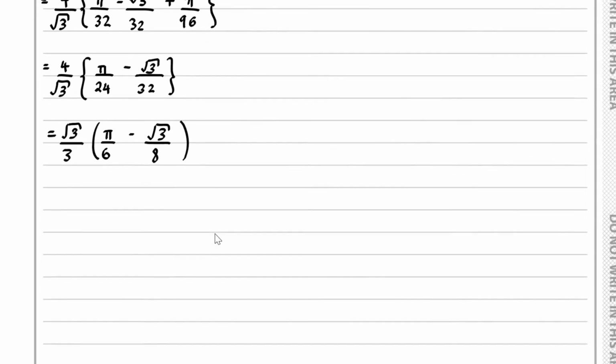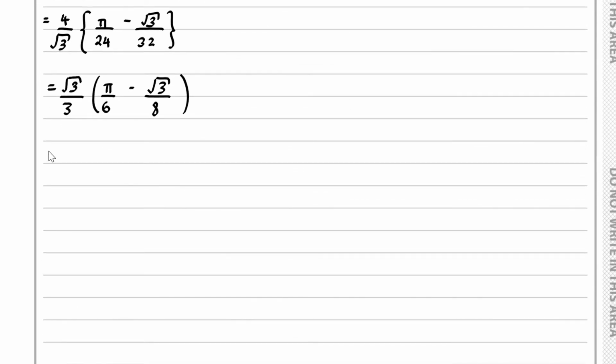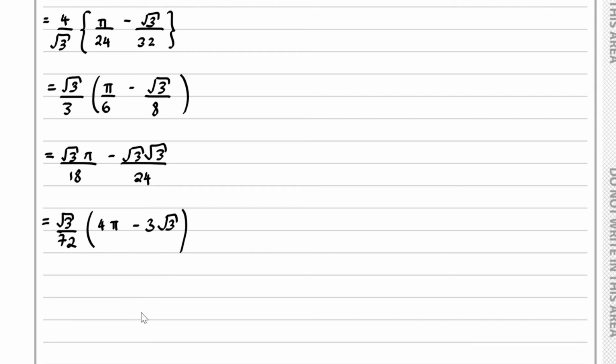So we can expand this out. So we have root 3 pi over 18 minus root 3 times by root 3 over 24. So what we're left with, if we take out a root 3 over 72 as a common factor, we've got 4 pi minus 3 root 3 as our final answer.